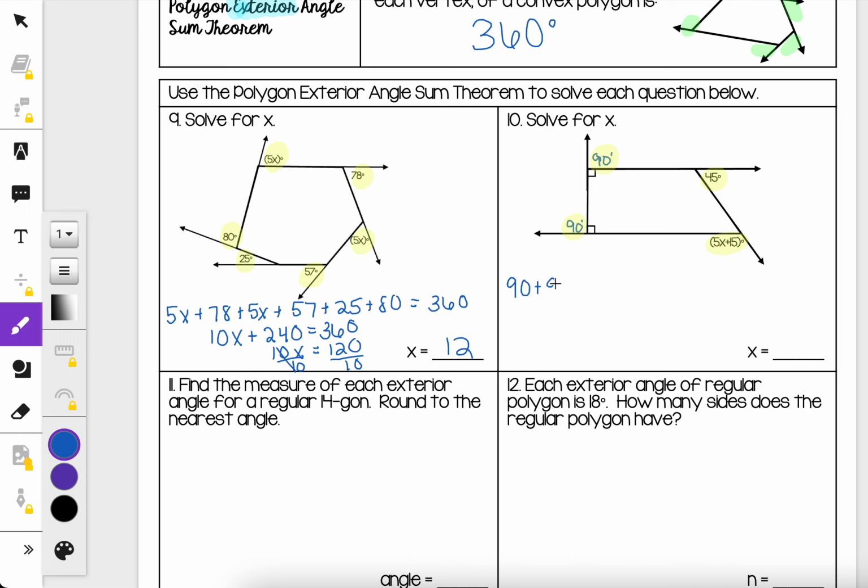So 90 plus 45 plus 5x plus 15 equals 360. Again, combine your like terms, and we're going to get 5x plus 240 equals 360. Subtract 240 from both sides, and then divide both sides by 5, and x equals 24.